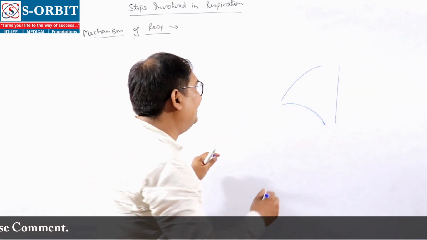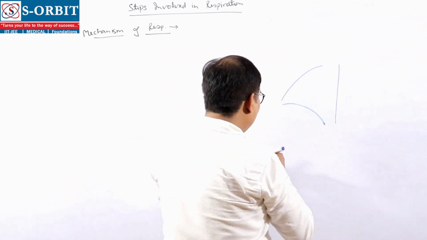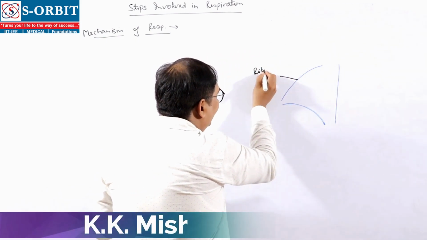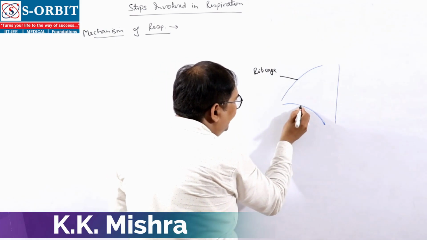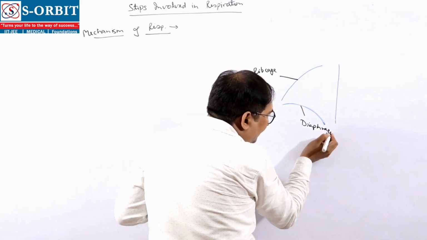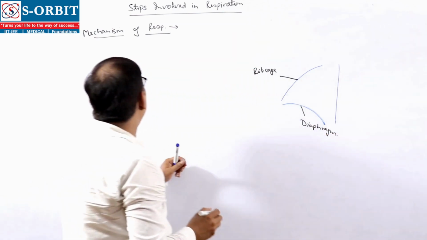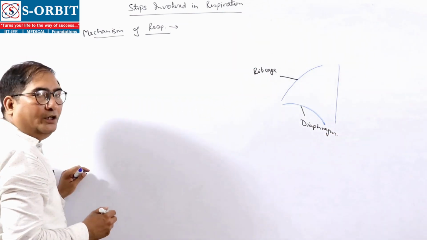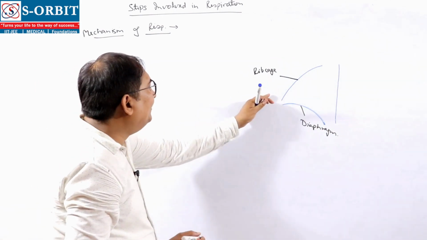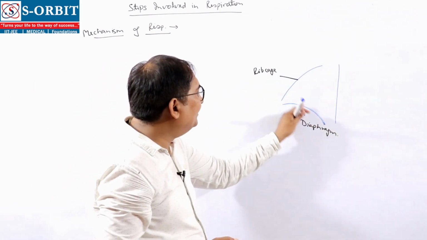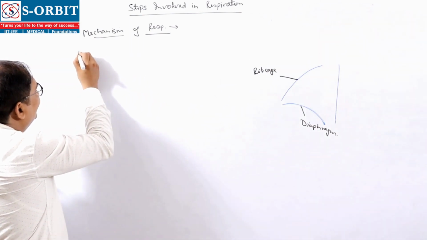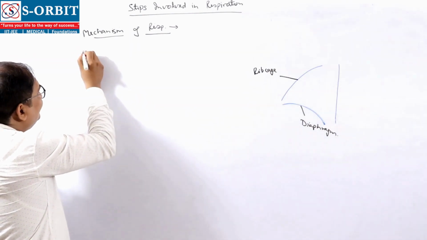So number one is the rib cage, number two is the diaphragm. What happens during normal inspiration and normal expiration can be studied with the help of these structures. During normal breathing, what happens during inspiration?